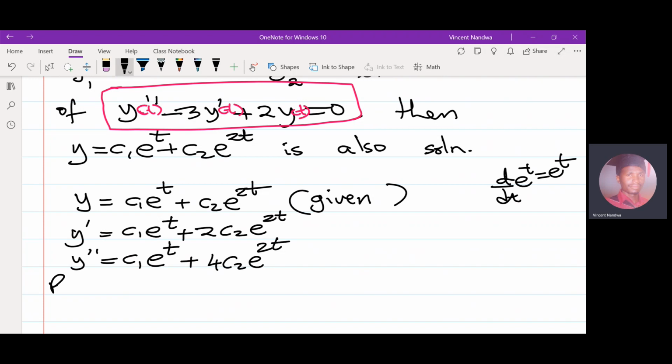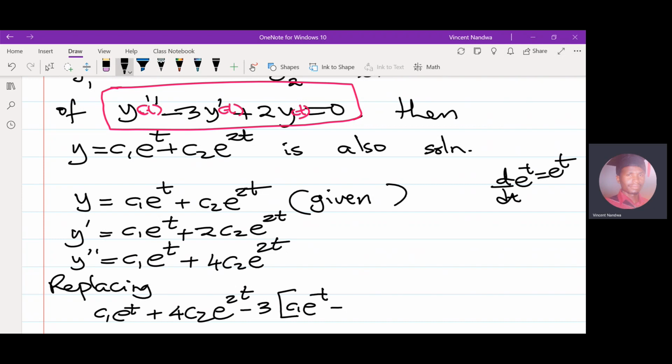So to show that this is a solution, let's replace. We'll have y double prime, which is C1 e power t plus 4 C2 e power 2t, minus 3 times y prime, which is C1 e power t plus 2C2 e power 2t, and then plus twice y, C1 e power t plus C2 e power 2t.